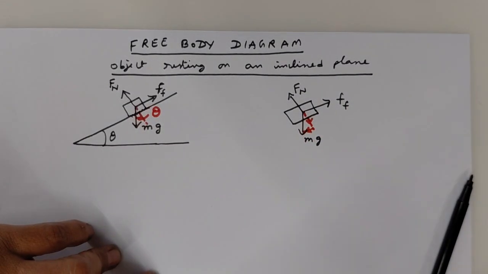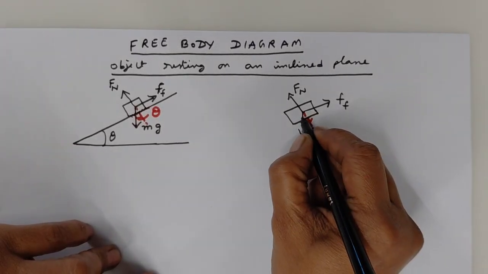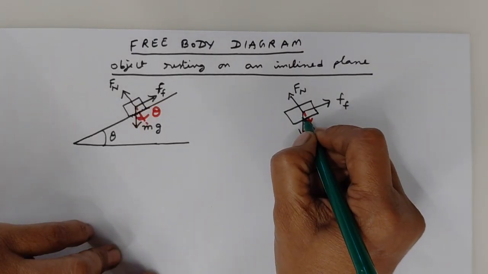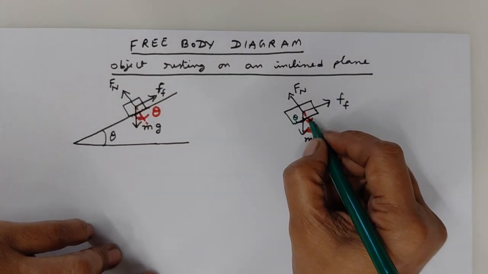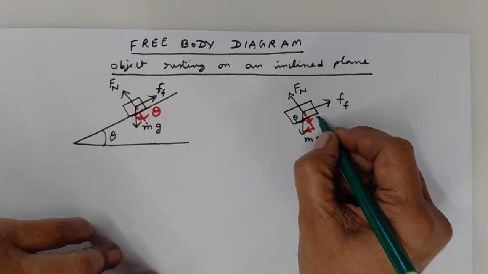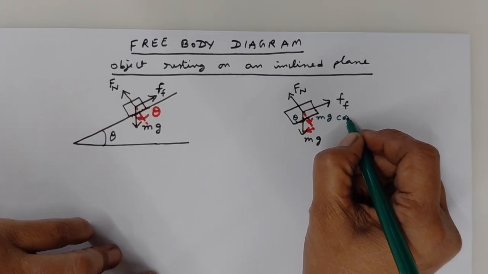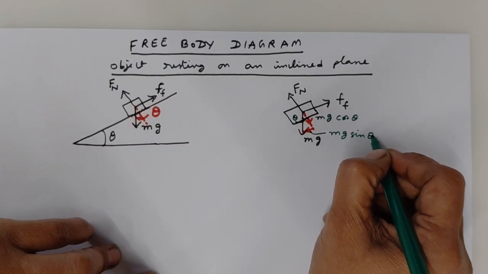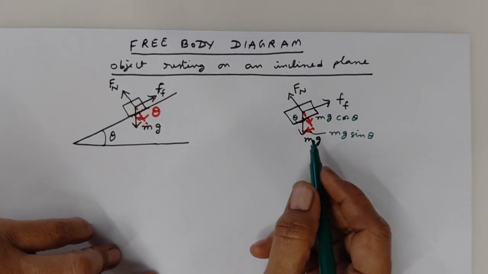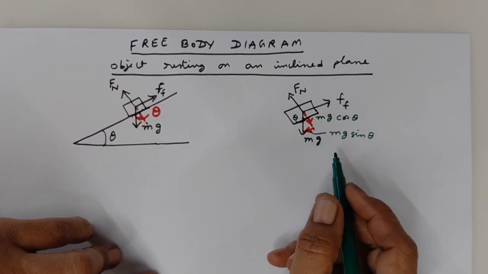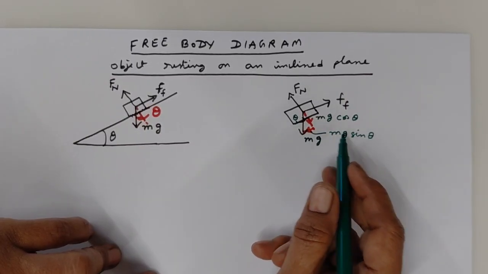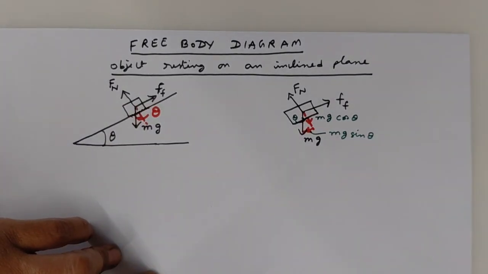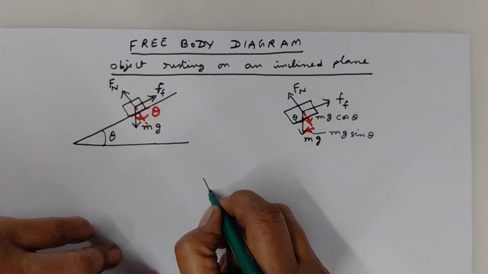So what are these components? Because this angle is theta here, you can consider these two components as mg cos theta and mg sin theta, right? When you resolve this mg into two components, you get them like this.